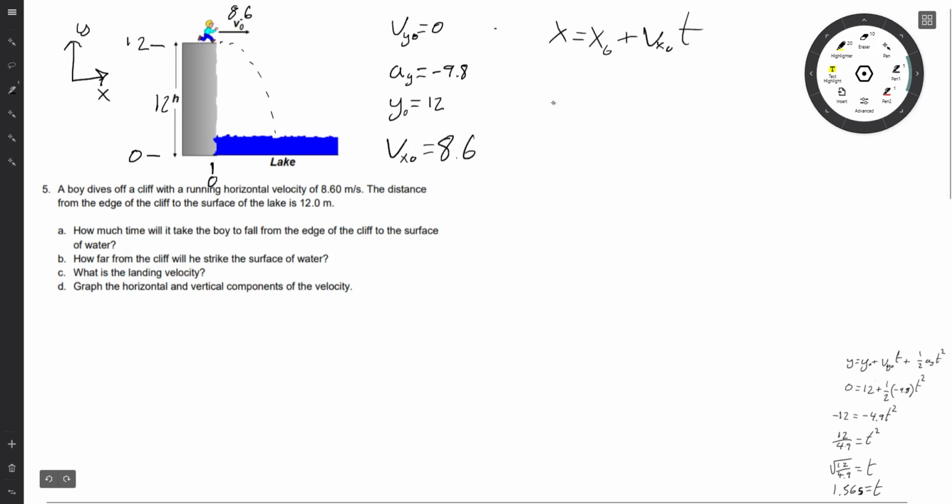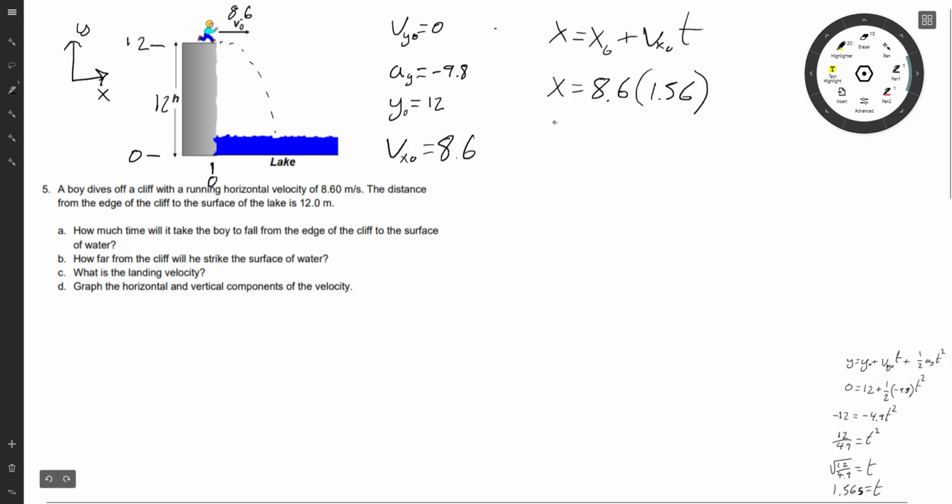And essentially this is the variable that we're looking for, that x position. So then we get x equals x0, which is going to be 0, plus Vx0 t, and that Vx0 is 8.6, so that's 8.6 times time, which we know is 1.56.